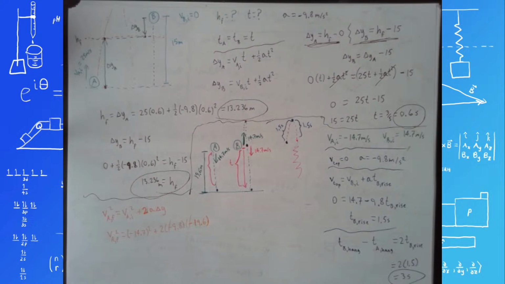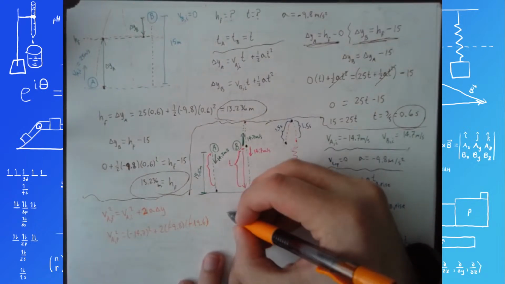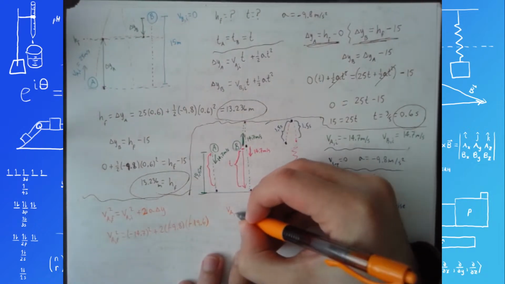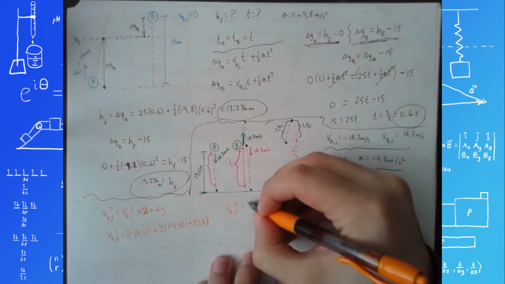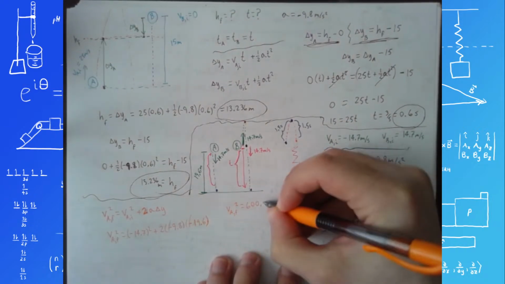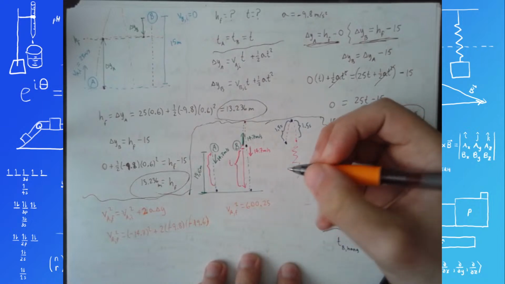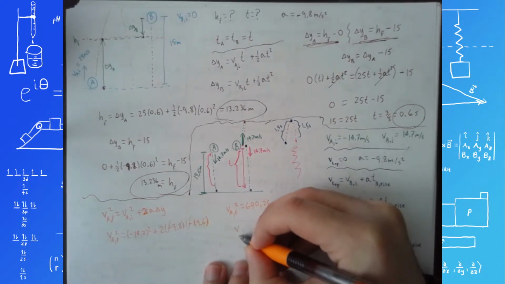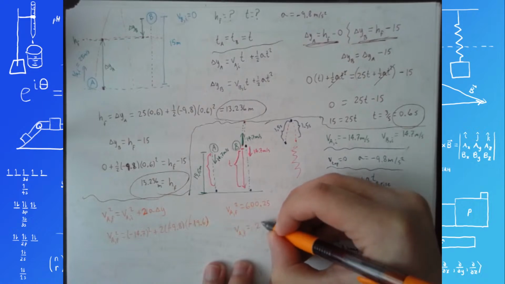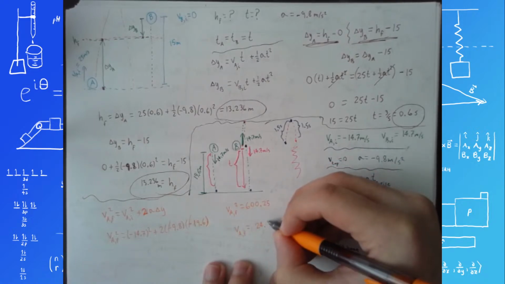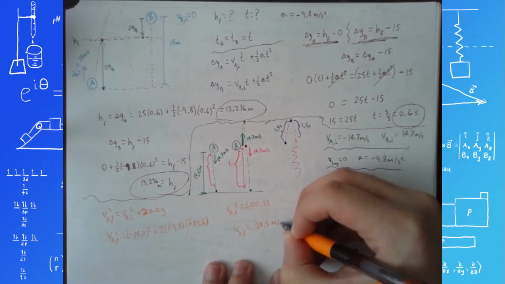And if I take the square root of that, is that going to be a nice round number? Yes, it is. I'm getting 24.5. So VA final squared is equal to 600.25. And then if I take the square root, I get 24.5 meters per second.